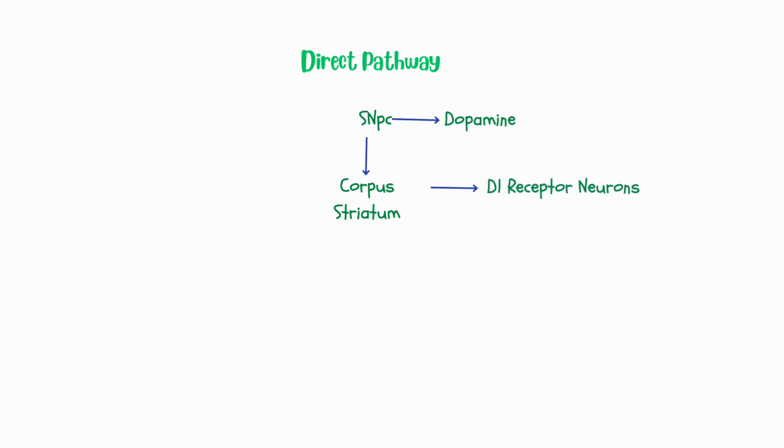So, the direct pathway starts with the substantia nigra pars compacta, which contains neurons that project to the corpus striatum. These neurons release dopamine from their axons, which binds to D1 receptors found on the neurons of the corpus striatum. Neurons that have D1 receptors project directly to the GPI and inhibit it by releasing GABA.